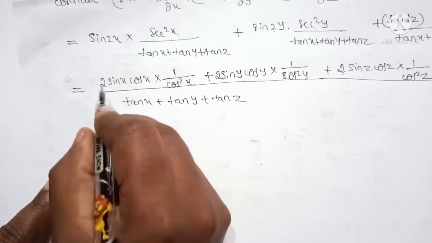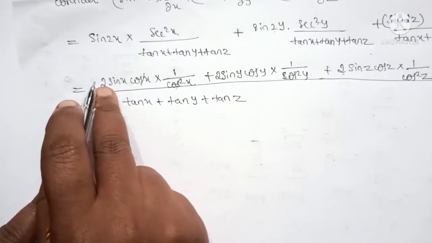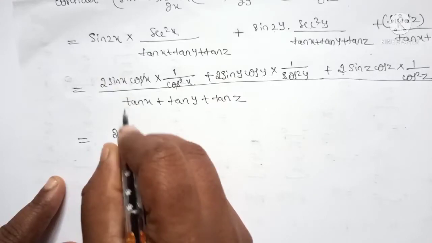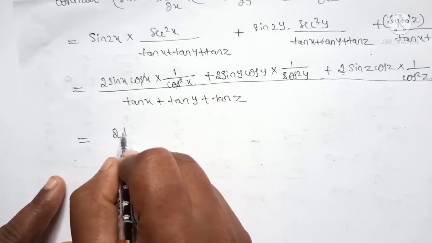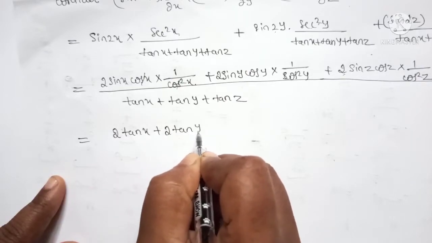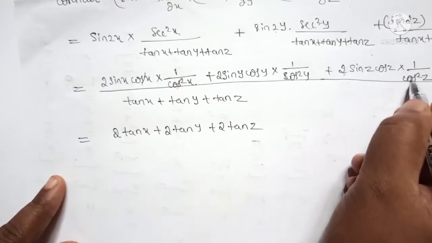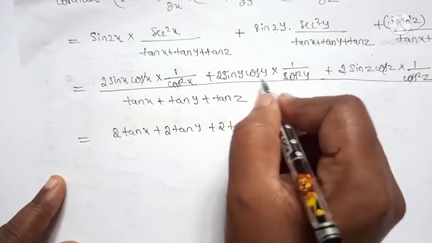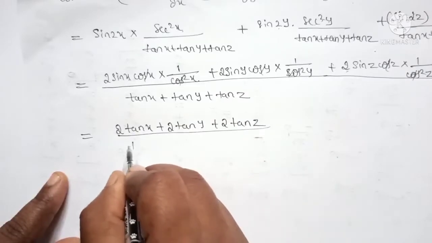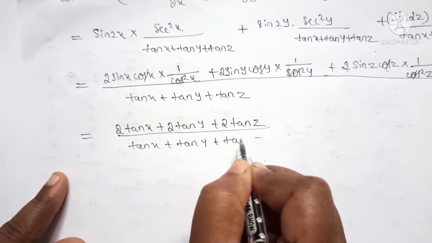So simplifying, one term of cos gets cancelled, and in the numerator we get 2 sin x by cos x, which equals 2 tan x, plus 2 tan y plus 2 tan z, sin z by cos z. Okay, one term of cos gets cancelled. In the denominator we have tan x plus tan y plus tan z.